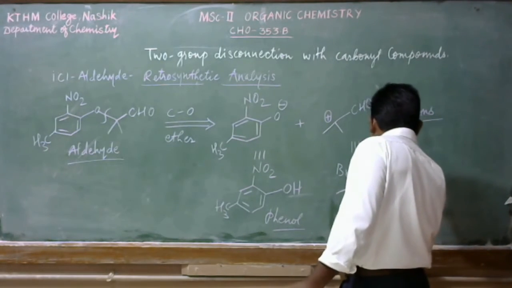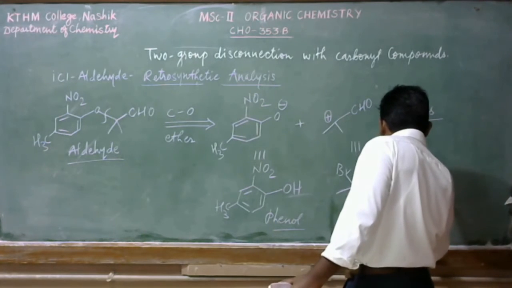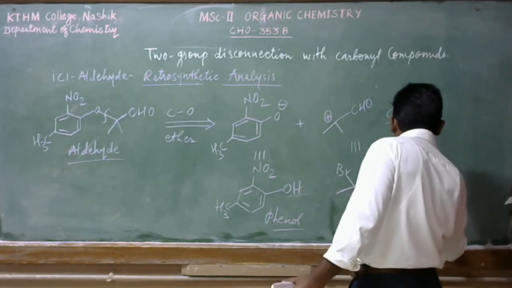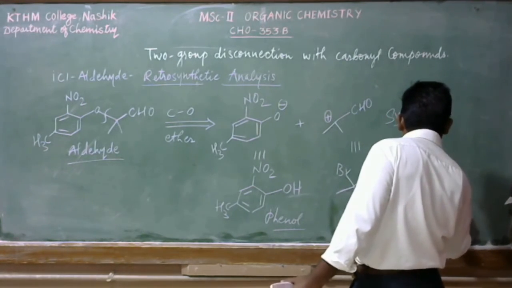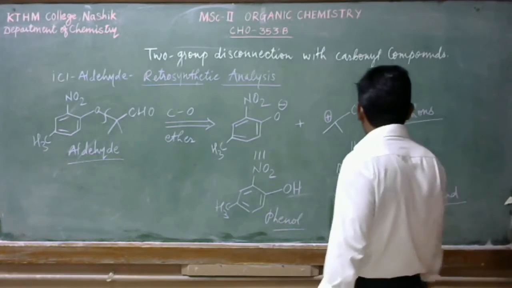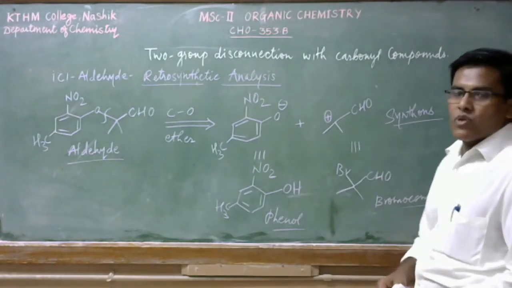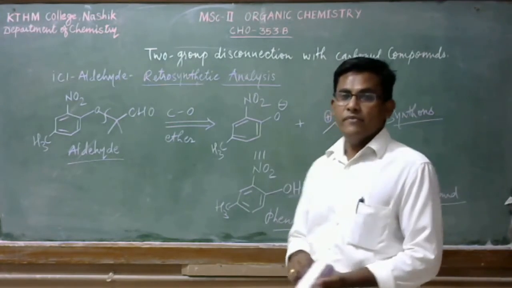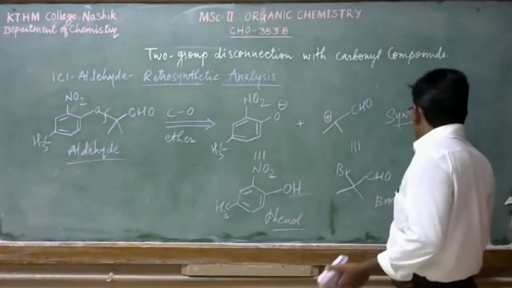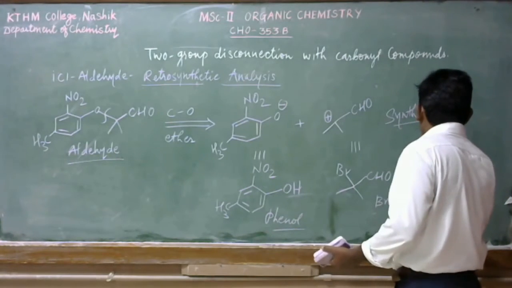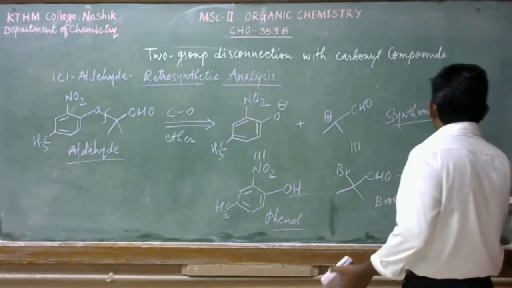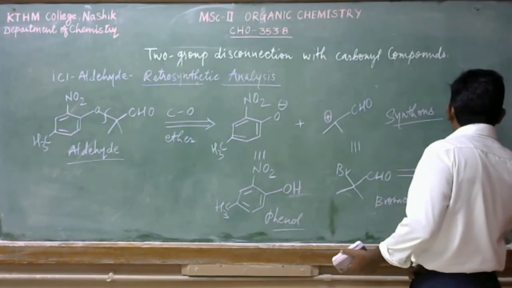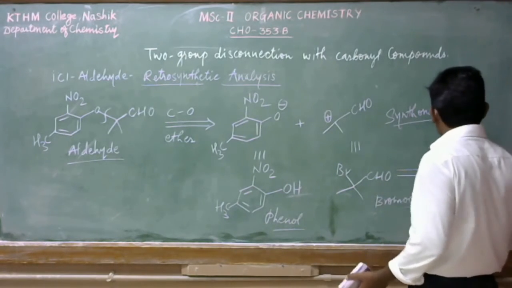Bromocarbonyl, bromo compound. Okay. So this bromo compound can be obtained from this aldehyde. Okay. So this is it.